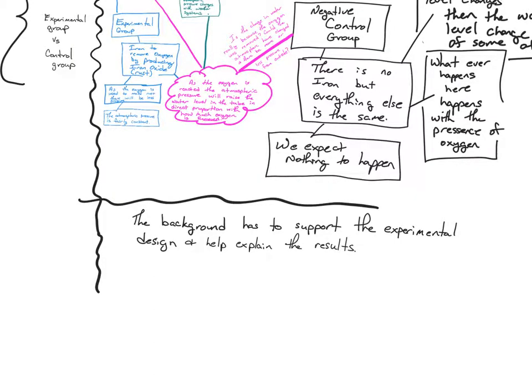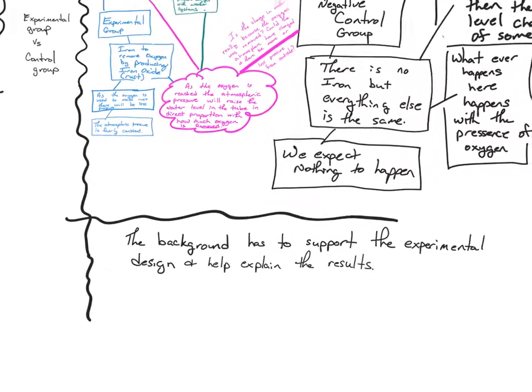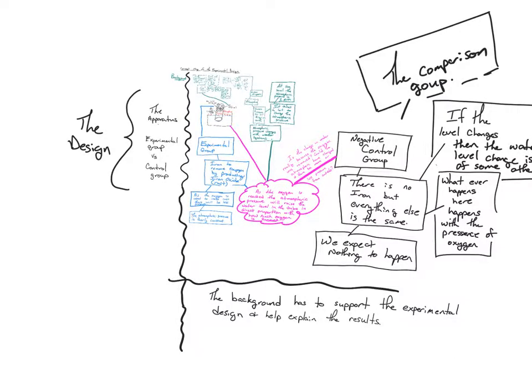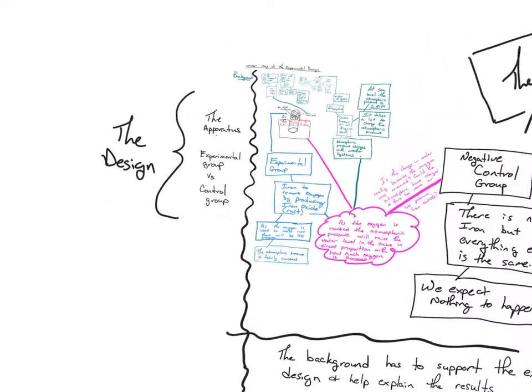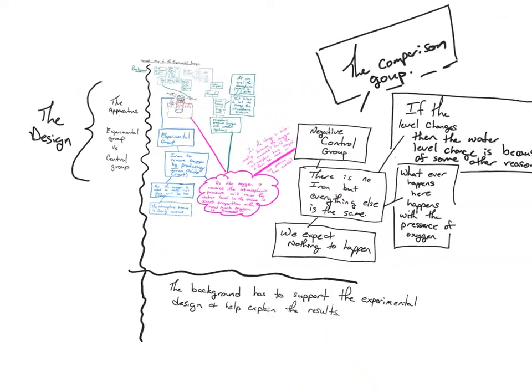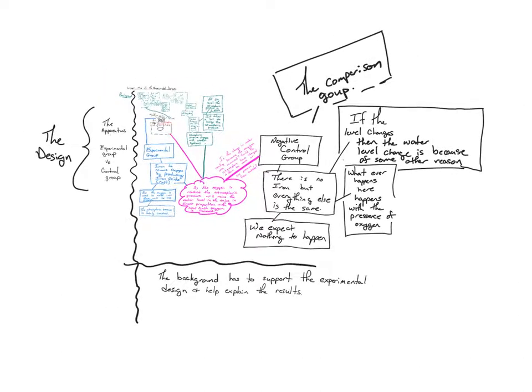The background has to support the experimental design and help explain the results. Again, that's a summary of this page of notes. The design includes the apparatus, the setup, the experimental group versus the control group, and the reasoning. All the reasoning determines the apparatus, control, the experimental group, and the negative and positive control. All right, so that's it for the concept map of this experiment.